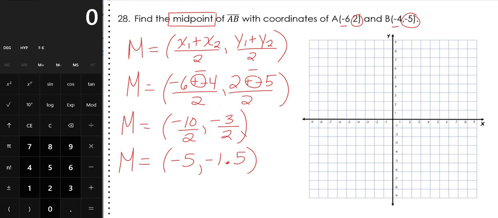Okay, so here's my graph paper. Let me plot the original line segment AB. -6, +2. That's A. B is at -4, -5. Let me connect them.